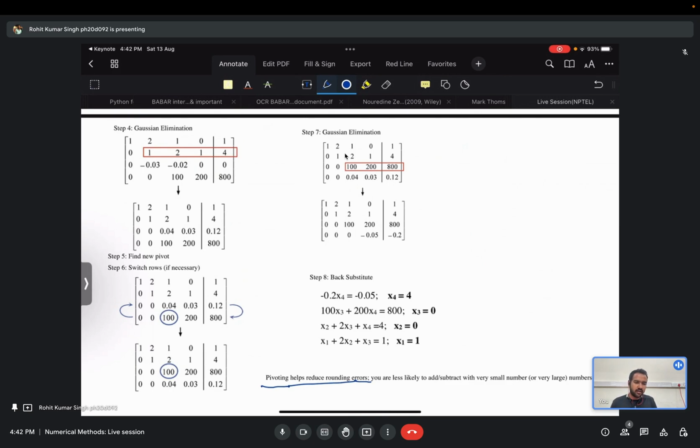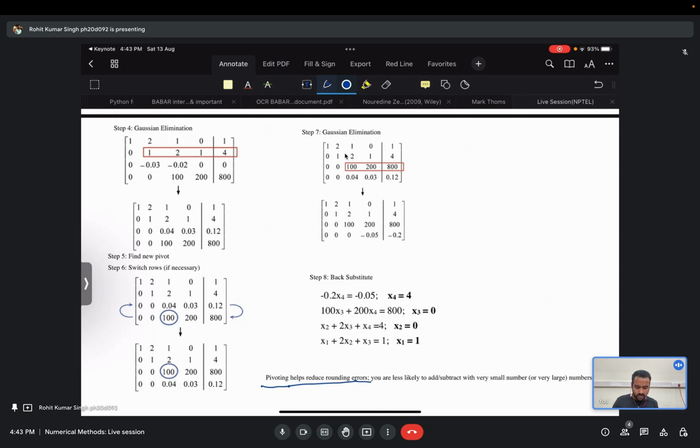When you add or subtract a large number, you need to do rounding, right? You cannot take all the digits that you have after the decimal, so this algorithm saves you from that, and you will have much less rounding error.